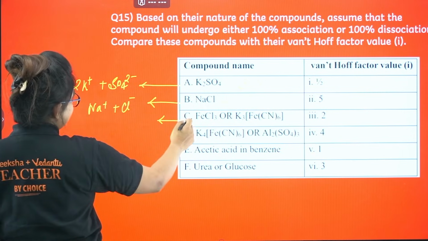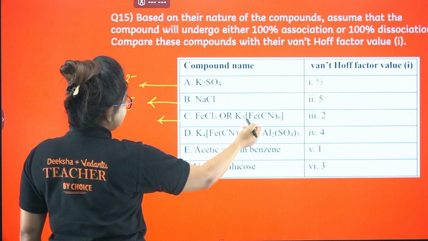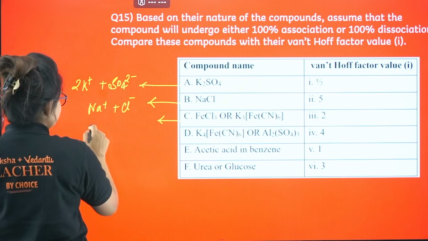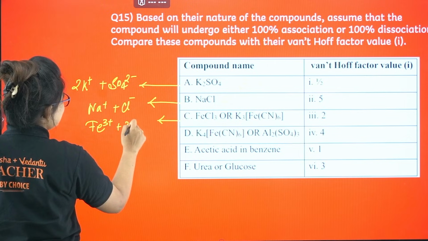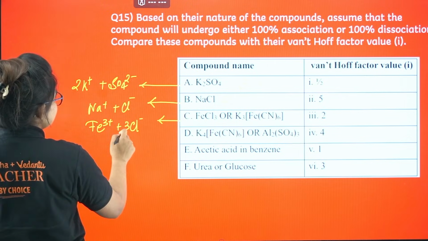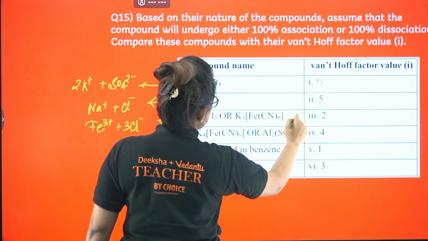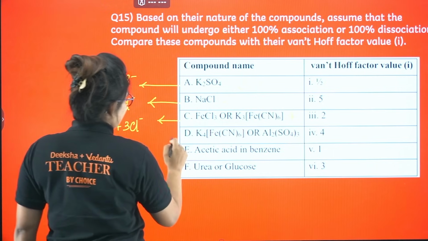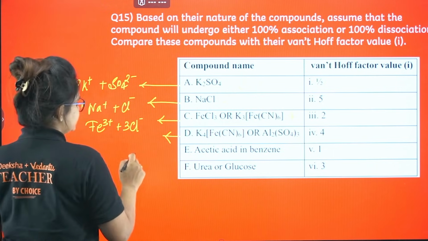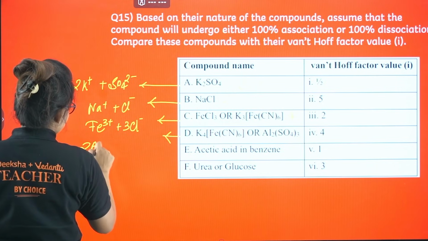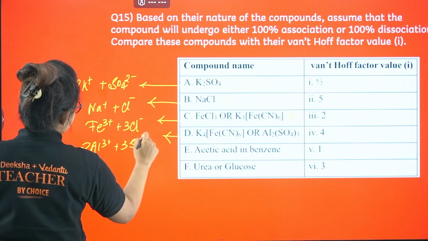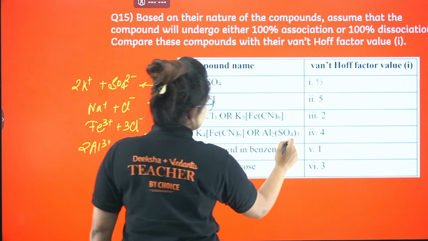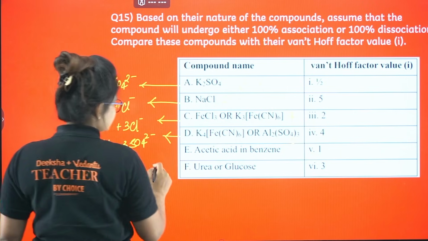FeCl3, if you break it down, the same number of ions you will get for K3FeCl6 as well: Fe3 plus and 3Cl minus. How many ions are you getting? You are getting 4 ions. Aluminium sulfate, let's break it down: 2Al3 plus and 3SO4 2 minus. How many ions? In this case you are getting 5 ions.